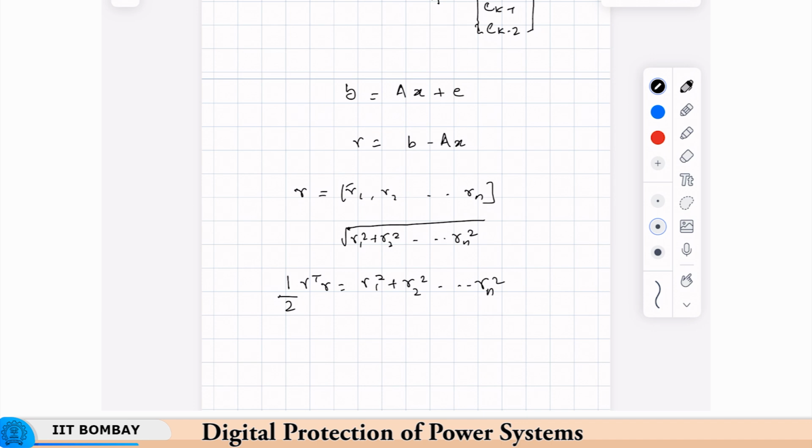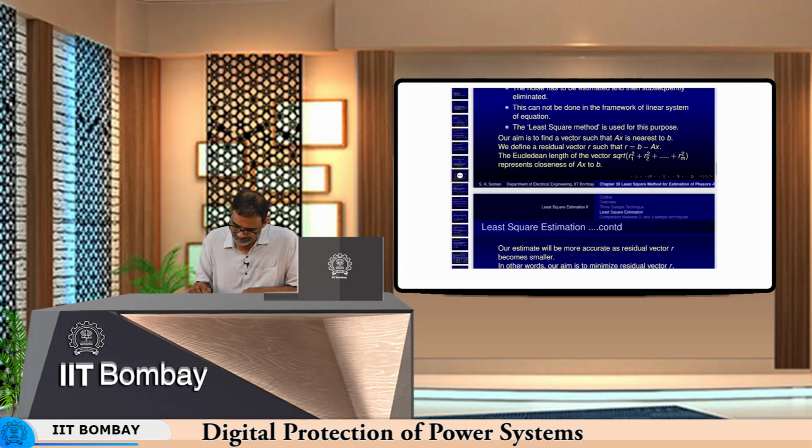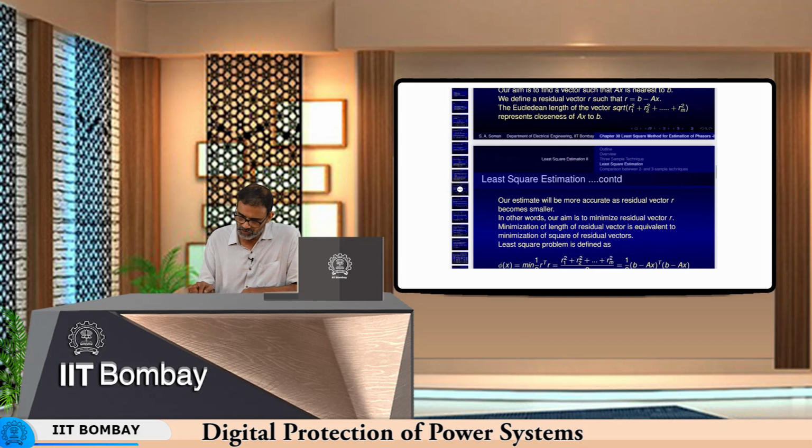When you take derivatives, you will get a 2, and just to eliminate that, we use half. We could as well work with R transpose R. That is just a multiplier used for our convenience. Here the square root of that represents the closeness of Ax to B.